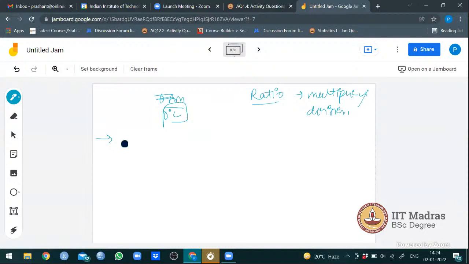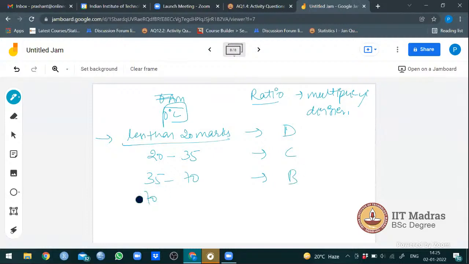Suppose I'm saying a category less than 20 marks, I'm coding as D, 20 to 35 as C, 35 to 70 as B, and 70 and above as A. So it's ordinal.